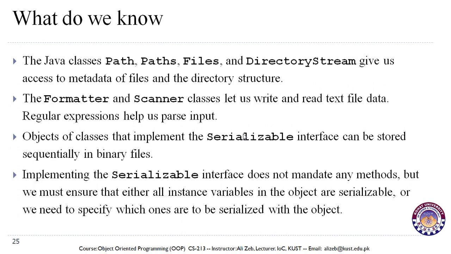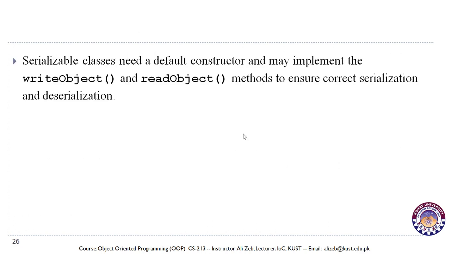As we said, this is a tagged interface which has no method to implement, but we can only work with instance variables that are serializable, or we should be able to pack the objects into serializable objects or bytes if they are not serializable, as we did with our image.